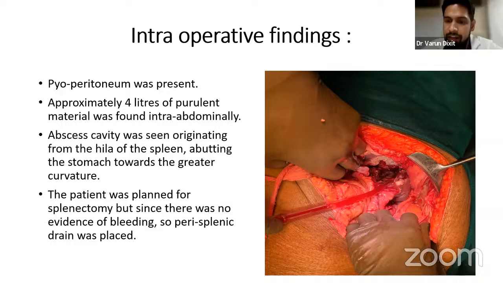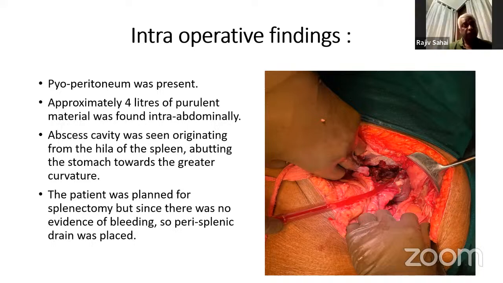Since the abscess had already ruptured and we had drained the purulent material present intra-abdominally, and on the spleen there was no bleeding present, if we had gone for splenectomy, the patient would have suffered other postoperative complications also. So we just placed a drain. Okay, you did it. No problems.